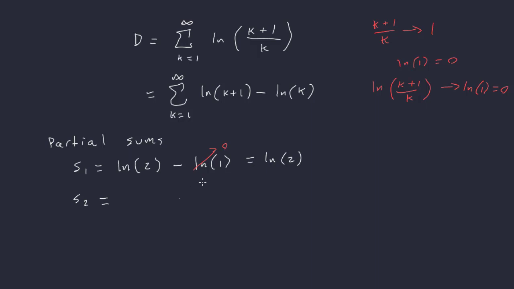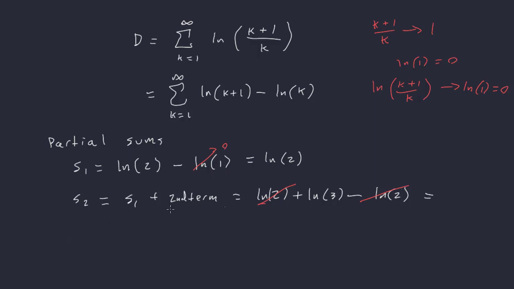Then S2 will be S1 plus the second term. So it'll be ln 2, plus, our k here is 2, so plus ln 3 minus ln 2. And this ends up being a little weird because what it ends up doing is canceling the outer 2 versus the adjacent 2.